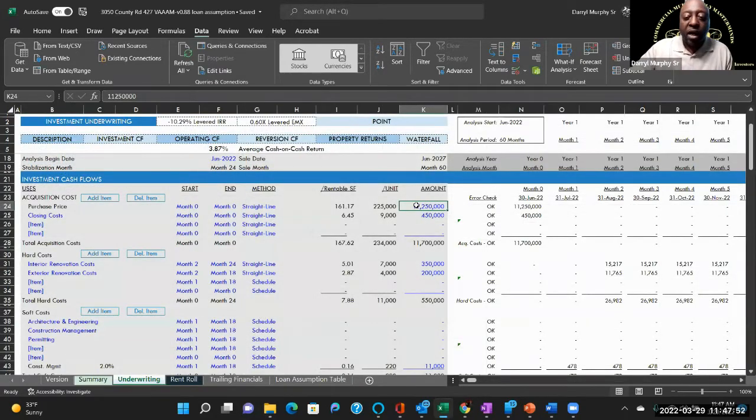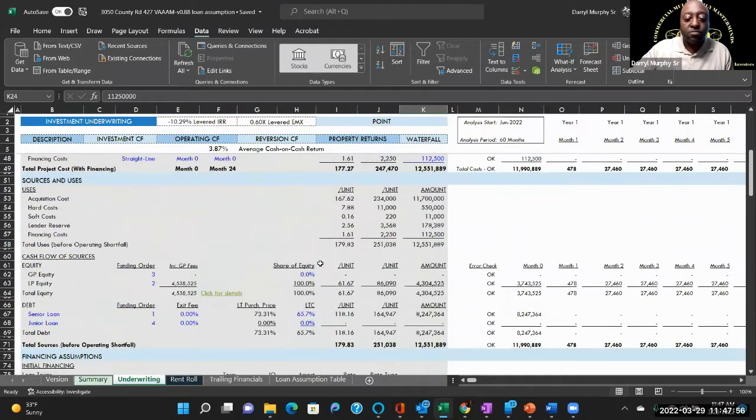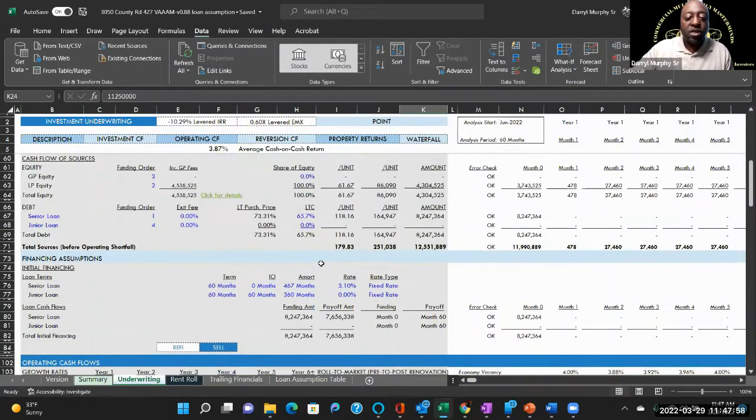So now, asking price, and then you're going to come down right here. Now, on your model, it's where your LTV is.